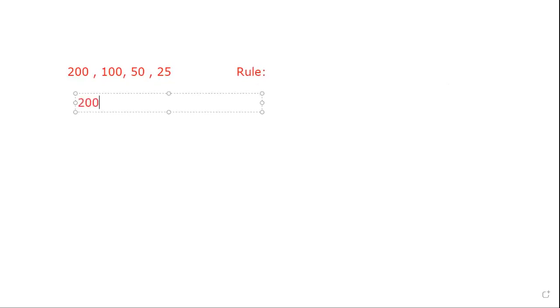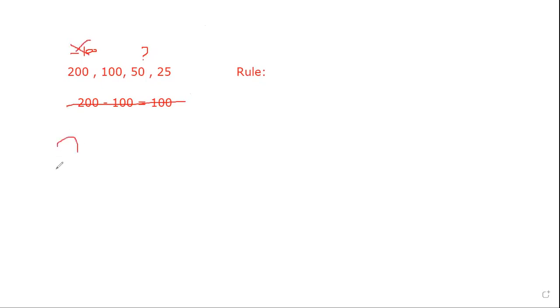We say 200 minus 100, it gives me 100. Therefore, it is decreasing, therefore we are going to subtract by 100, correct? So now let's check. 200 minus 100 gives you 100. 100 minus 100 equals 50? So it cannot be, okay? So this rule won't work.